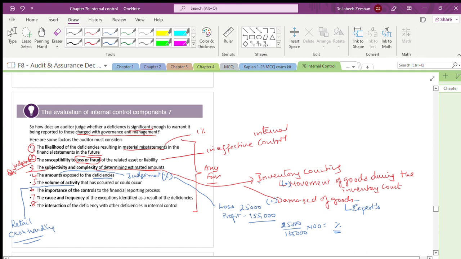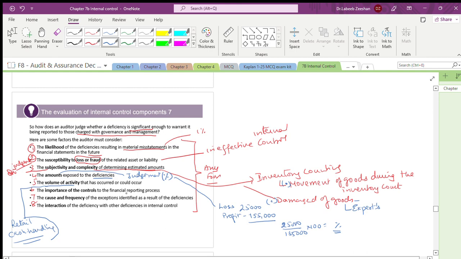Then definitely there will be a suspicion that there may be an error in cash handling. In that case, what we have to do is make sure that the internal controls with respect to cash management are more effective. We have to understand the entity and work that out.